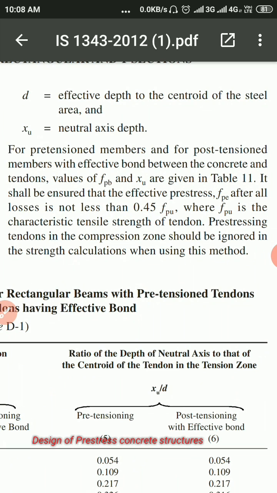For that they have suggested one statement: pre-stressing tendons in the compression zone should be ignored in the strength calculation when using this method. So we are going to totally ignore the pre-stressing tendons in the compression zone. This is a very important statement, but this is not the case with IS 456.